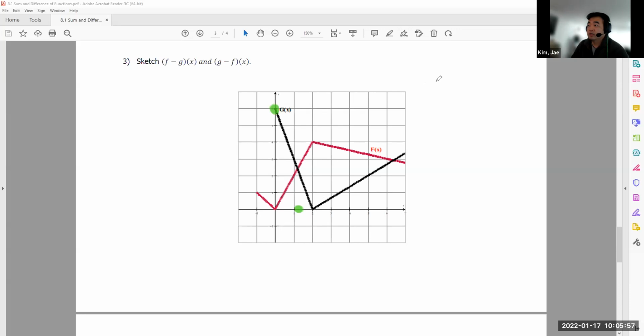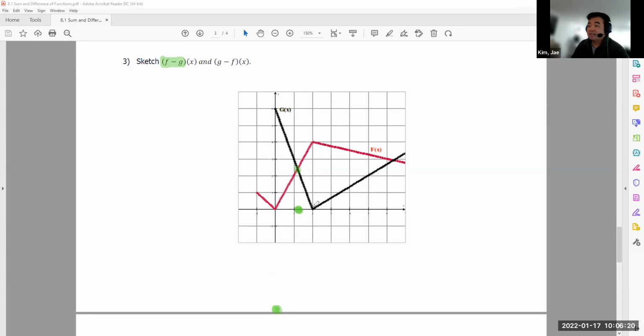Wait. Sorry. I made a mistake. It's f minus g. So it's actually 0 minus 6. I have to start with -6. And then this portion means 0.